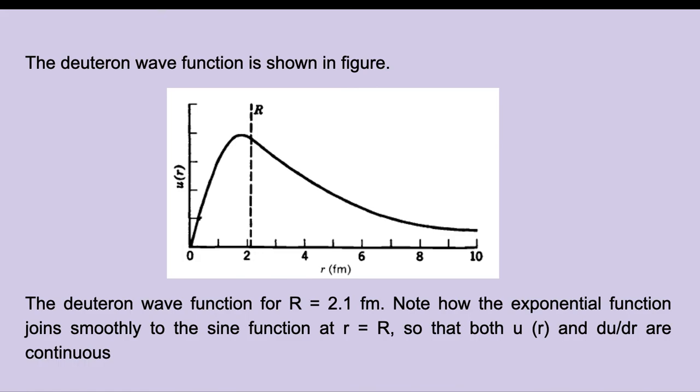Note how the exponential function joins smoothly to the sine function at r equal to R. This is our sine function. Actually, it will be like this. But at r equal to R, it is joining with the exponential, because for small r greater than capital R, it is exponential. So it is the exponential decay.